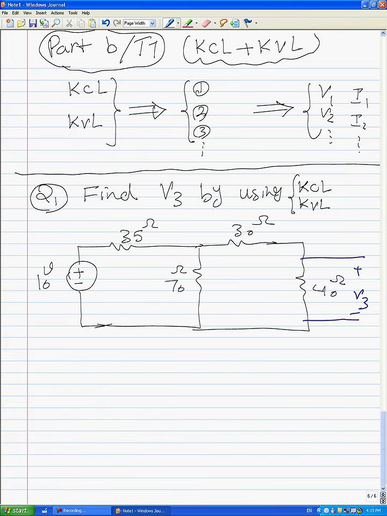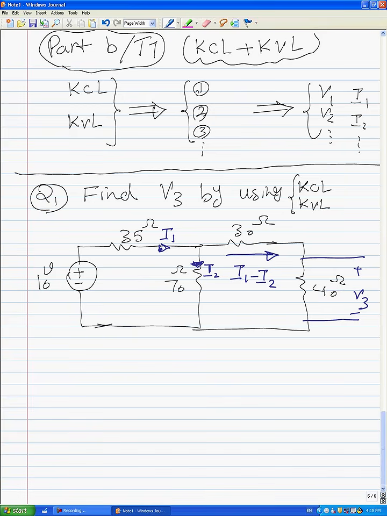Now we want to start with defining the current, and after that, the loop. Okay, important note. If we have current I1 here, and also we have current I2 here, KCL says the current here is equal to I1 minus I2.